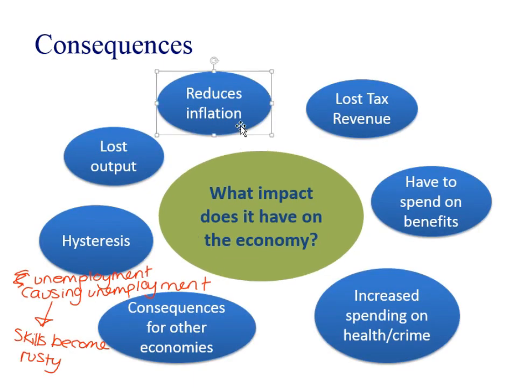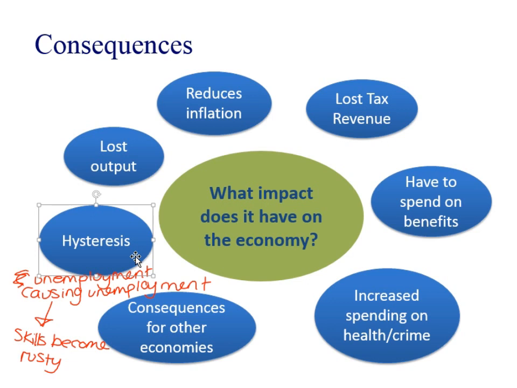So it reduces inflation, you have a loss of output, so you're operating within your production possibility curve. Hysteresis, this is a great one to learn. It comes up in year 2 as well, or some Americans would pronounce it differently, but I'm British, so I call it hysteresis. And it's basically unemployment causing unemployment.